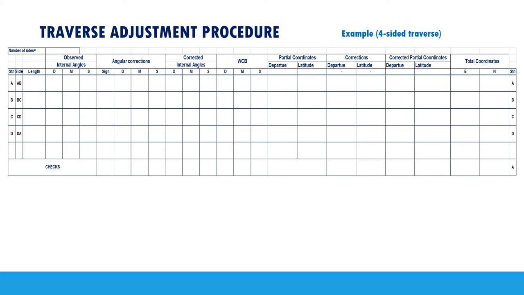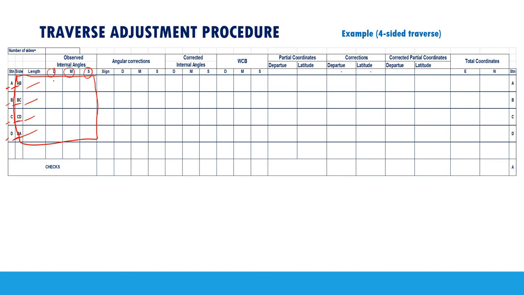So to solve the traverse, guys, we are going to arrange a very nice table like this. So here first we would like to write the station names A, B, C, D, and the side of the traverse, side AB, side BC, CD, DA. In this section we are going to transfer the measured values of the length of each one, length of AB, BC, CD, DA, and then we are going to write here observed internal angles in degree, minute, second format.